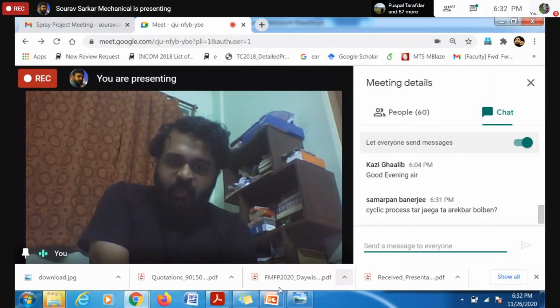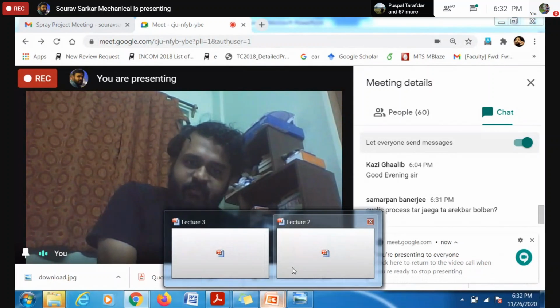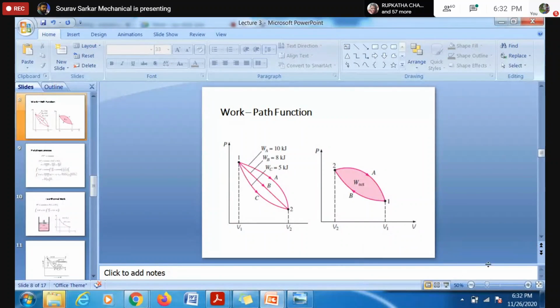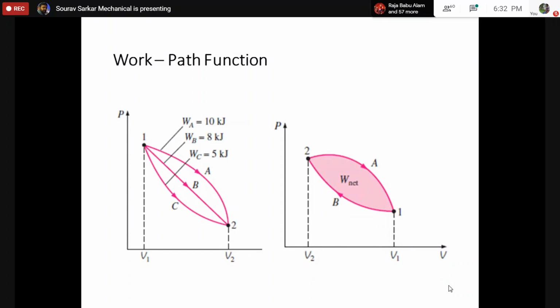So we have to understand what is called a cyclic process. I should have mentioned the definition in your previous class, maybe I forgot. If you start from a point, pass through some different points, and come back again to the initial point, that process is basically called a cyclic process. If we see the right side diagram, you are at point 1 and you are following path B. By this path, you are moving to point 2.